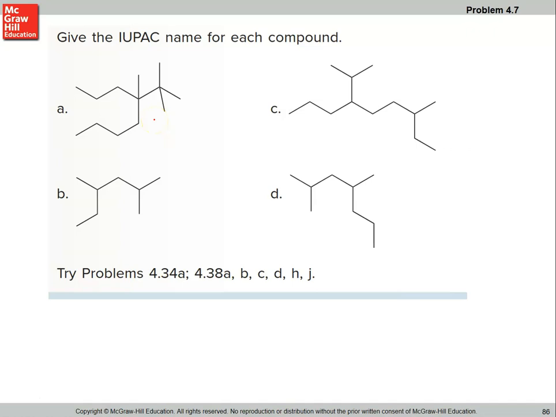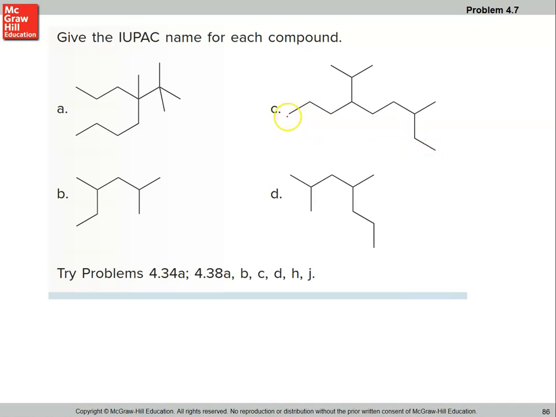For B, the long chain is actually 1, 2, 3, 4, 5, 6. So that's going to be a hexane. And we have 2 methyl groups. If we started numbering 1, 2, we have a 2 and a 4. So it's 2,4-dimethyl hexane for that one. For C, we're going to start counting here to here.